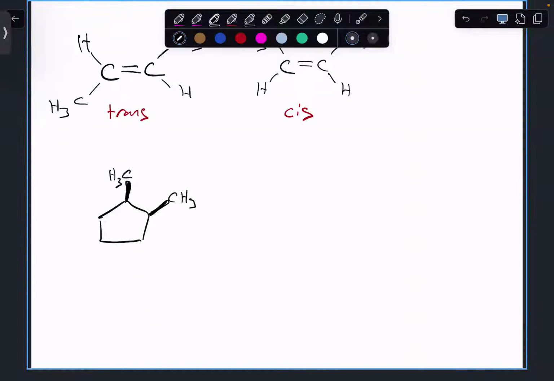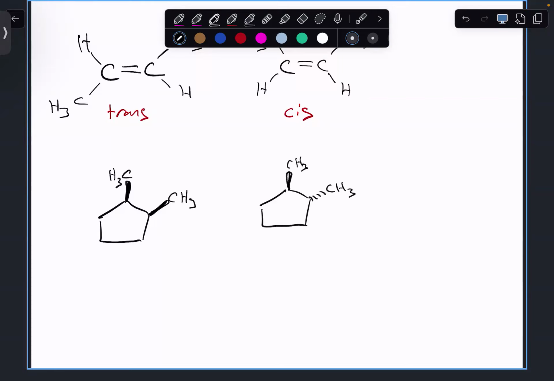What that wedge is indicating is that those two methyl groups are coming towards you. If I wanted to indicate that they were going away from you into the page, I would indicate that with a dash line.